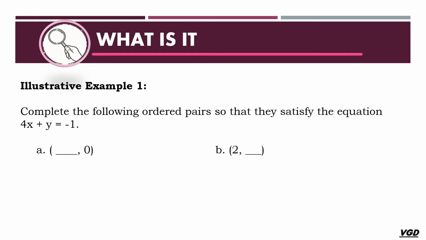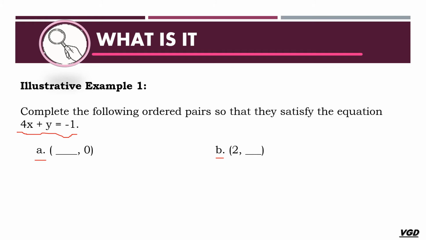So we have here example 1: complete the following ordered pairs so that they satisfy the equation 4x plus y equals negative 1. So we have here A, blank, 0, B, 2, blank. So we need to check if these coordinates in A and B satisfy this equation 4x plus y is equal to negative 1.